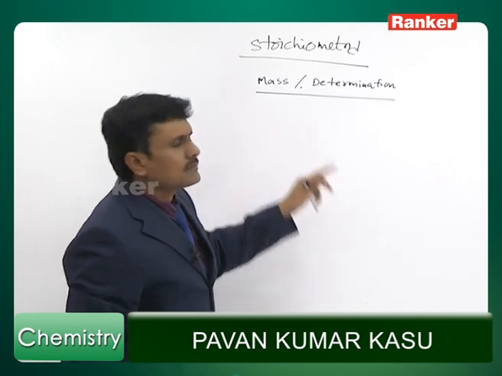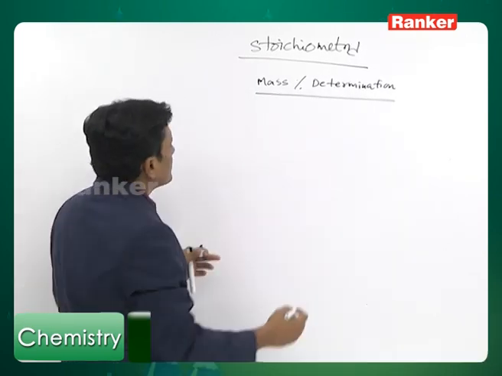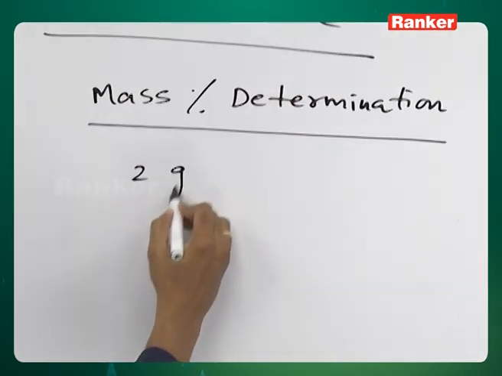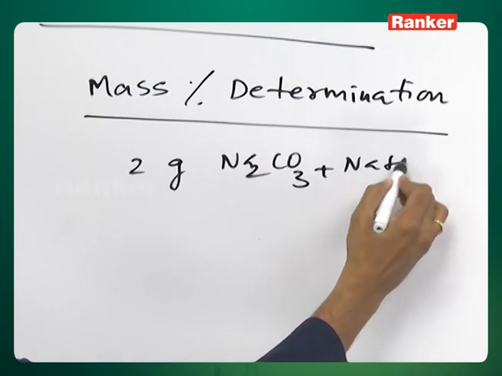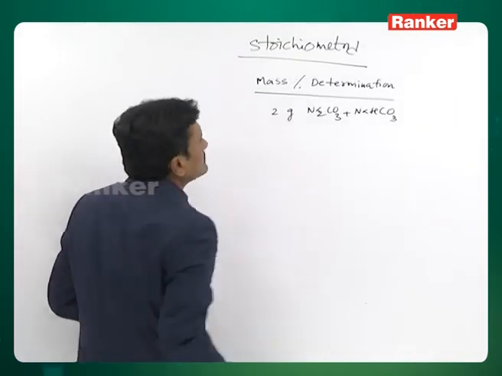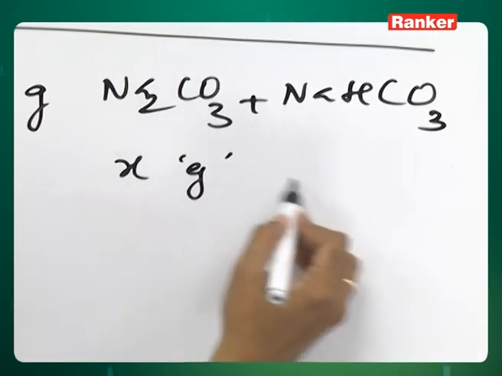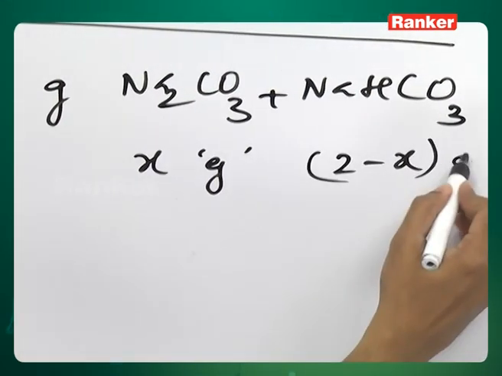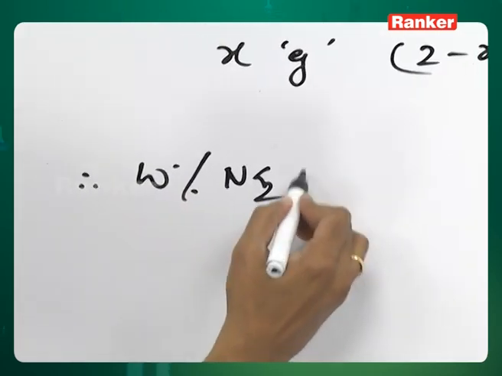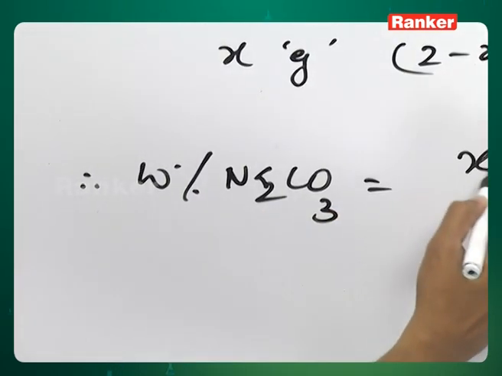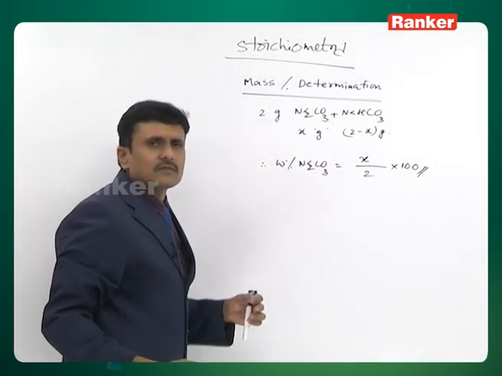This is also a part of mass relationship, where if the mixture, as I gave you, comprising sodium bicarbonate and carbonate, total measuring 2 grams, has one component weighing x gram, the other is obviously 2 minus x gram. So the mass percentage of any substance in this mixture is calculated this way, as we all are aware.